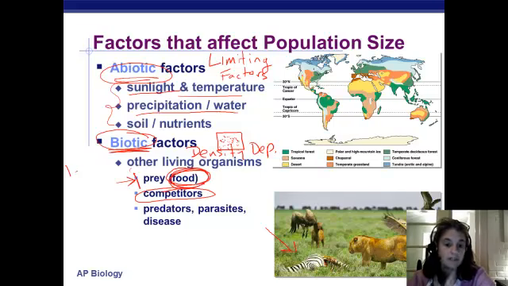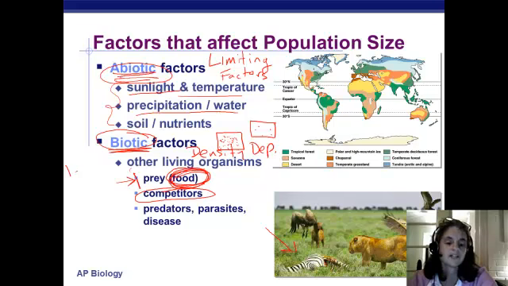Food is going to become increasingly critical, and the population of lions will level off. That depends on how dense the population is. If the population is very sparse, then this is not going to be so severe.